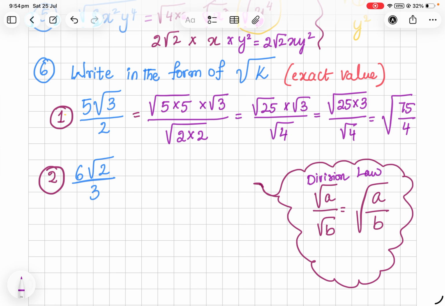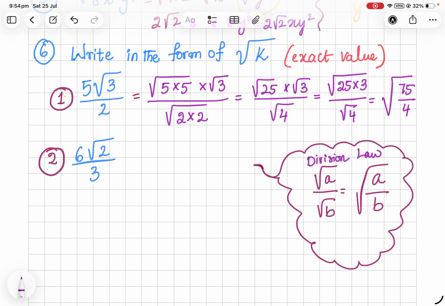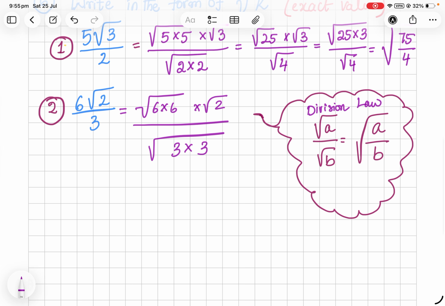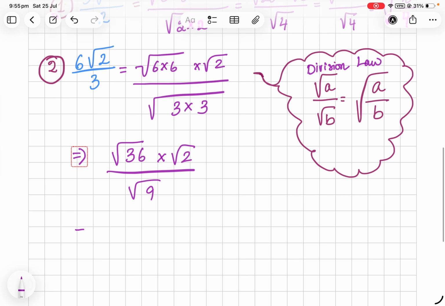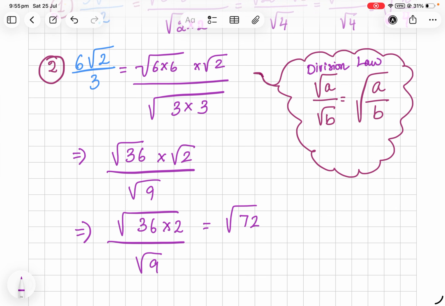Now I'll do this particular one, so see how it ends up. Here I should have had 6 times 6 times the square root of 2 divided by the square root of 3 times 3. Then here it would be the square root of 36 times the square root of 2 divided by the square root of 9. So this is 36 times 2, which ends up being the square root of 72 divided by the square root of 9.